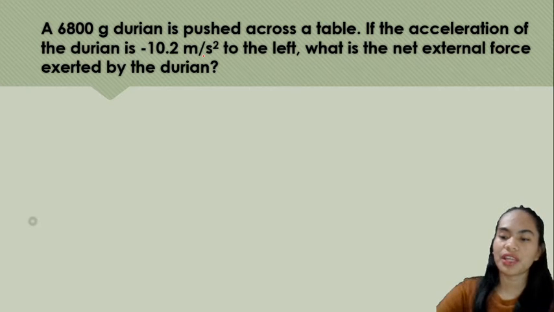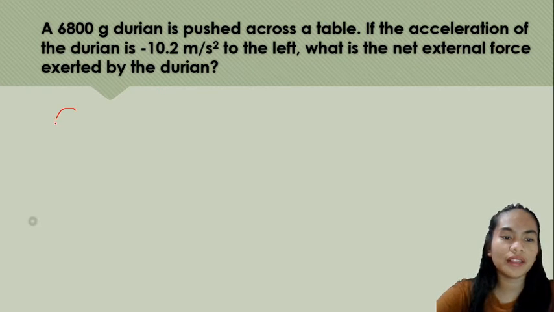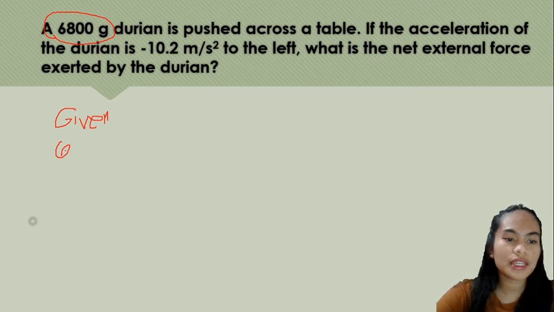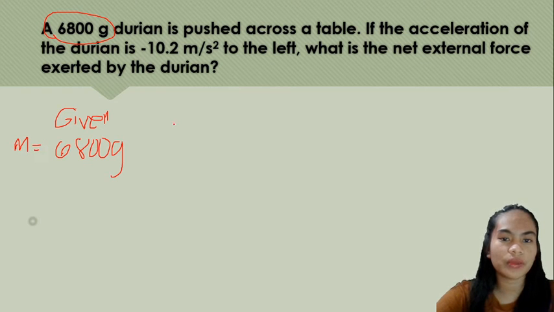Let's put the given. Let's write given. The given quantities are: 6,800 grams, which is your mass, the mass of the durian.